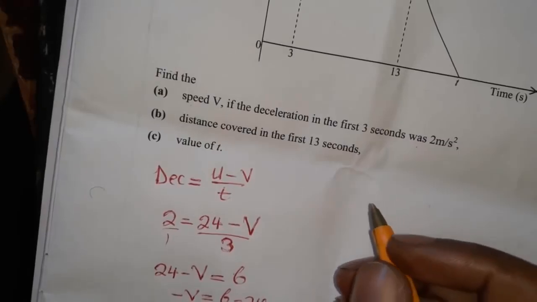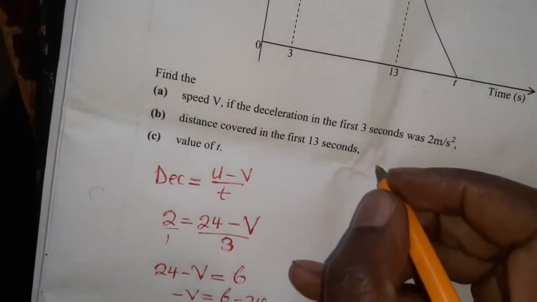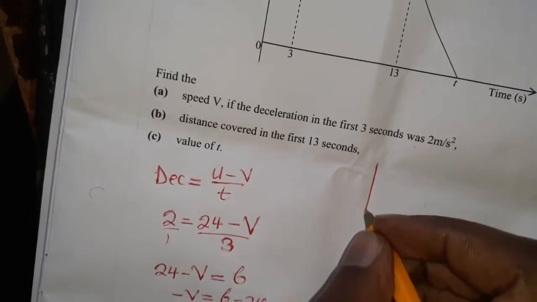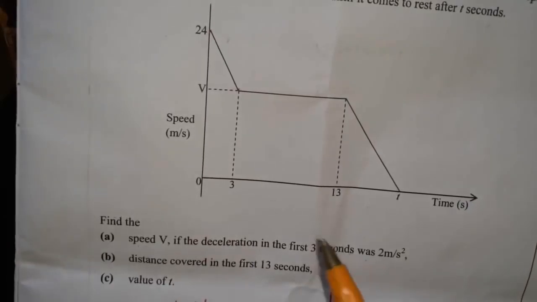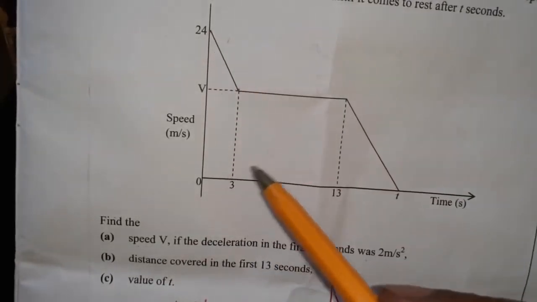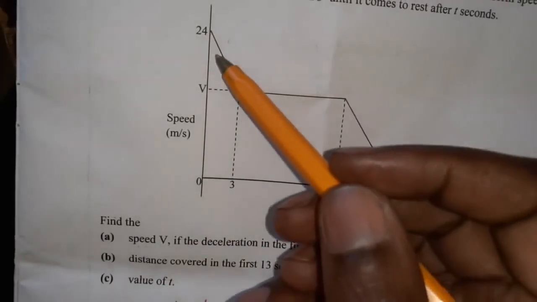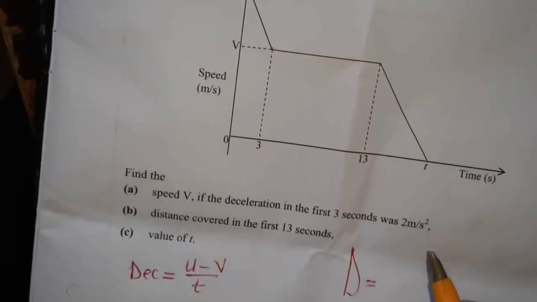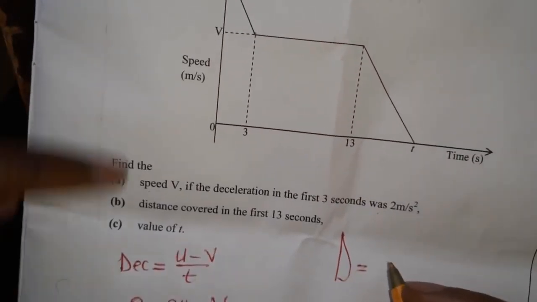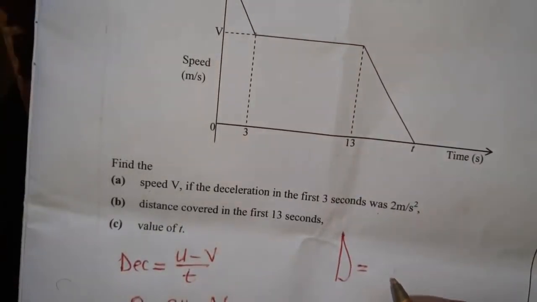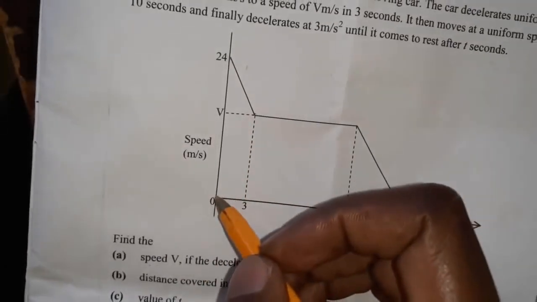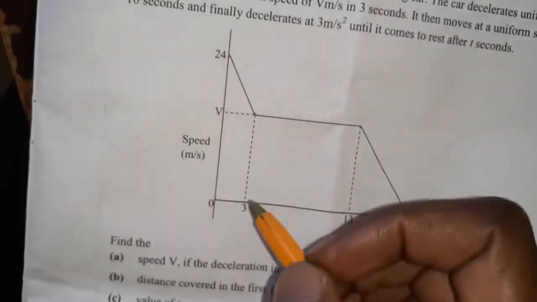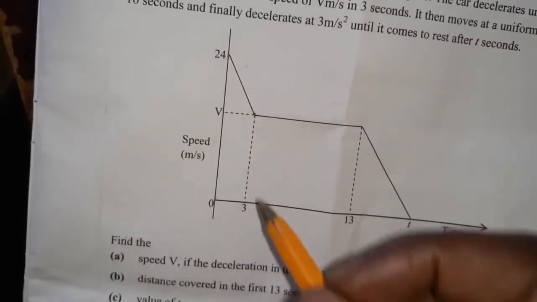So the distance covered in the first 13 seconds is going to be, distance is equal to, we need to find the area of this part as well as the area of this one, the area under this graph. So the first one is like a trapezium here. A trapezium with these two parallel sides, the first one from here up to there is 24, and the second one we got that V is 18.